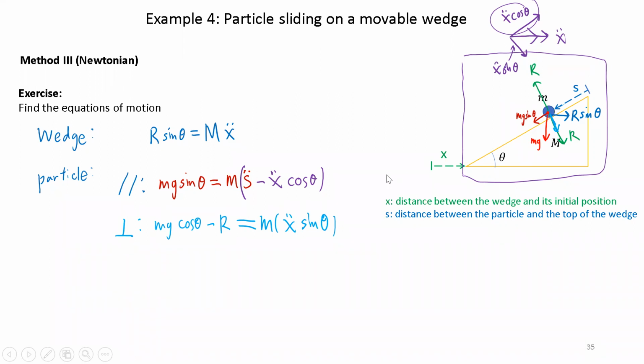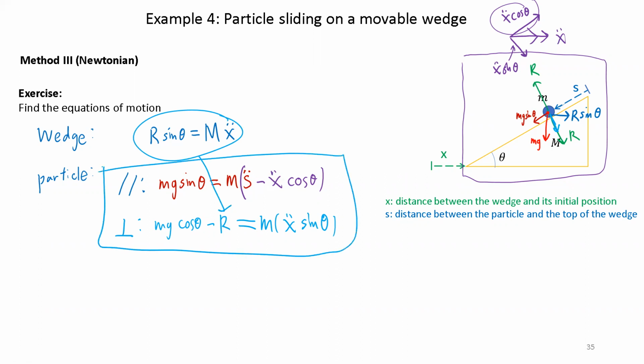Now, at the end of the day, what I want to solve for the motion is x as a function of time and s as a function of time. I now have three equations and three unknowns: s double dot, x double dot, and r. And r is the one that I don't care about. So I just need to substitute this into this term over here and then solve these two equations.